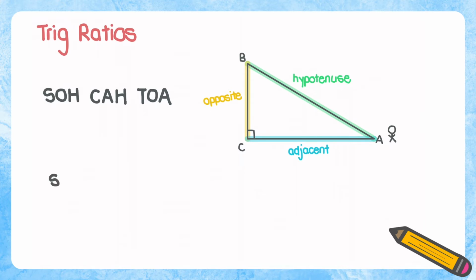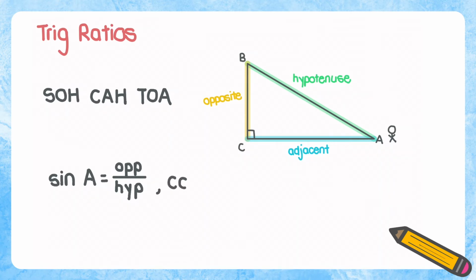The SO part, the first part, tells us that the sine of A equals the opposite side, because of that O, over the hypotenuse, the H. So that's our first trig ratio.